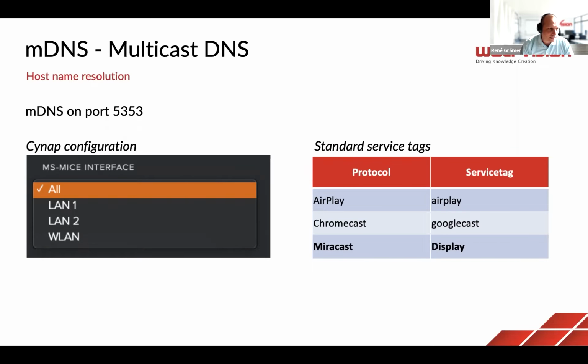But if you enter a misconfiguration, like setting the MS-MICE interface to all and starting the access point of your Cynap, you might run into issues where Miracast works once, then doesn't, then works again, and once again doesn't work, depending on whether your laptop catches the proper advertised IP address.